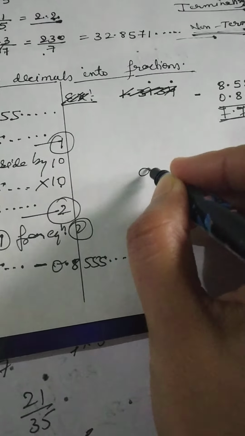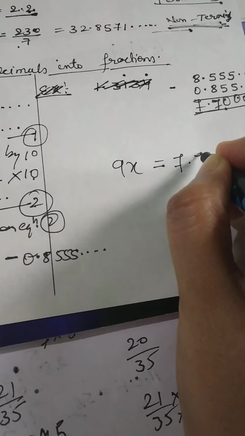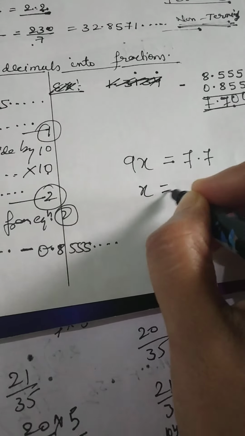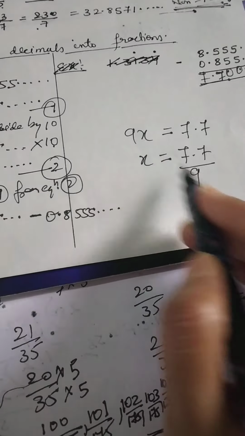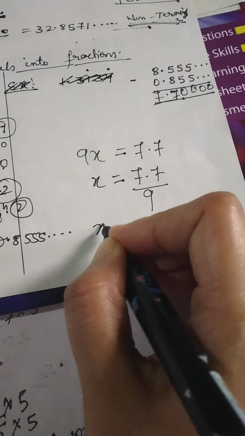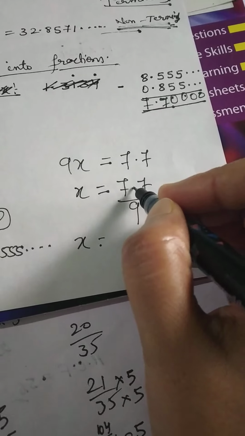Next step is, if 9x is equal to 7.7 and we have to get the value of x, so this 9 will go in division. Okay, so x is equal to, you can remove this decimal.